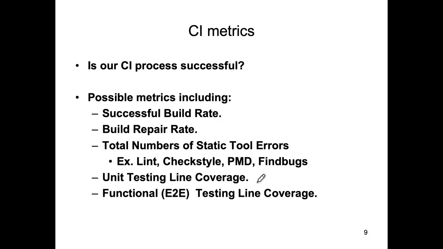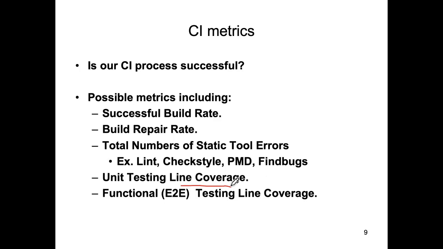How good are your unit tests line coverage and functional test line coverage? I'll talk about maybe line coverage, but there is a way of measuring how good your testing code is. Essentially, line coverage refers to how many lines of your source code were not exercised when you ran all of your tests against it.